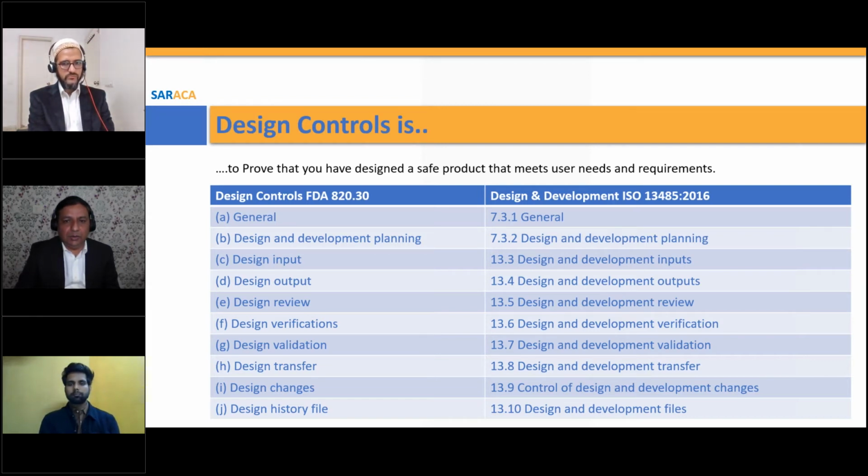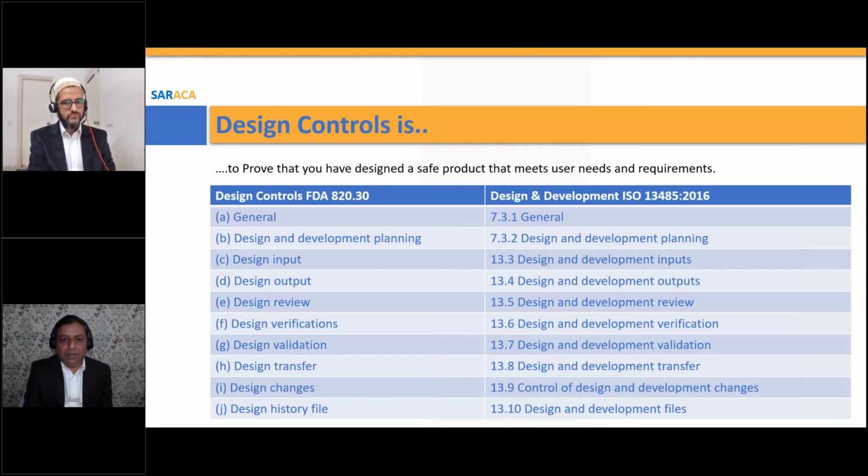If you're in the US and just following FDA, I think it's time to start following 13485:2016, which has been updated to a great extent in the 2016 version. And in future, perhaps this will be the worldwide standard for quality management systems. Over to you, Salman.